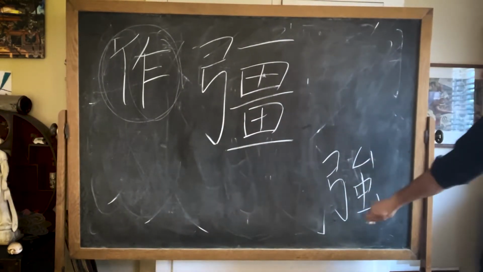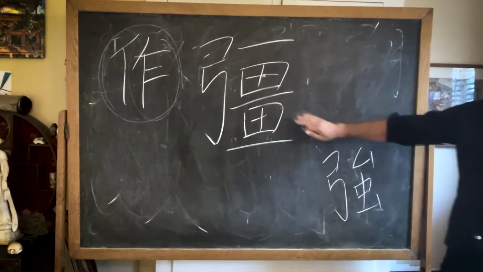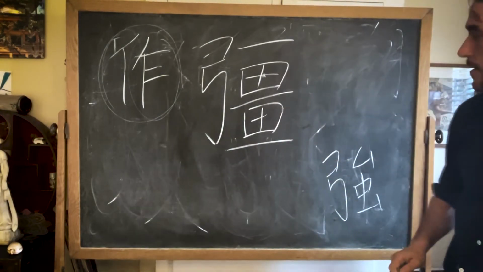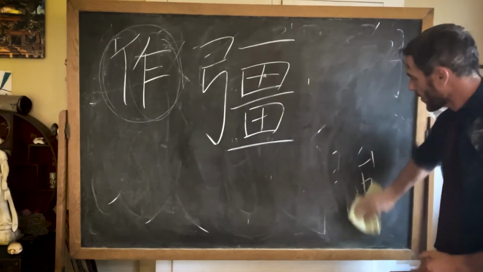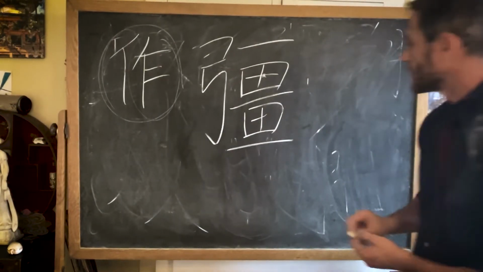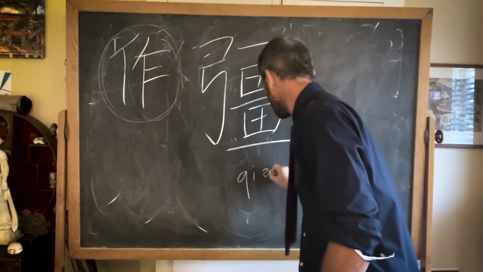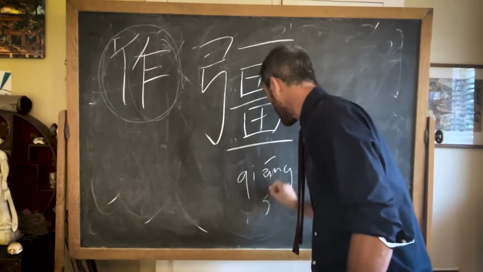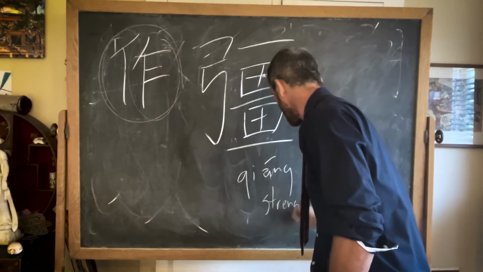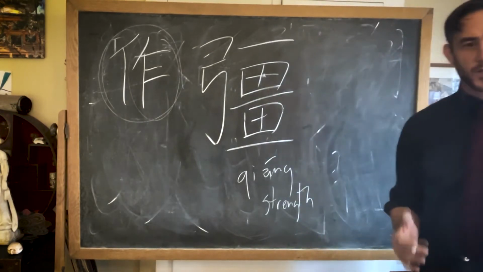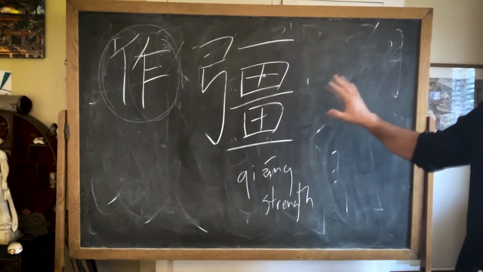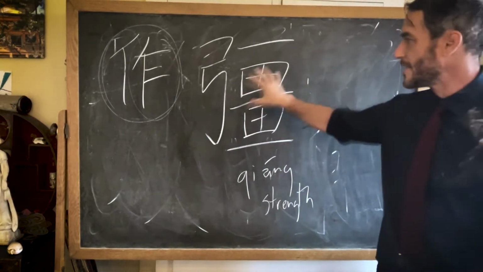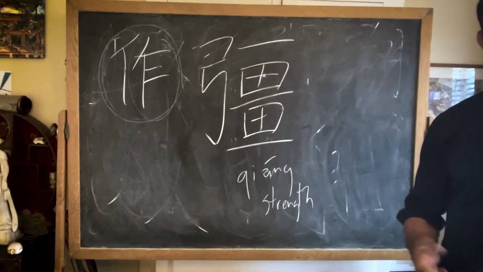This is another way to write that same character, but today we're going to look at this version. Qiang means strength, or to strengthen. But it's very interesting that they used these parts to create the character for strength.